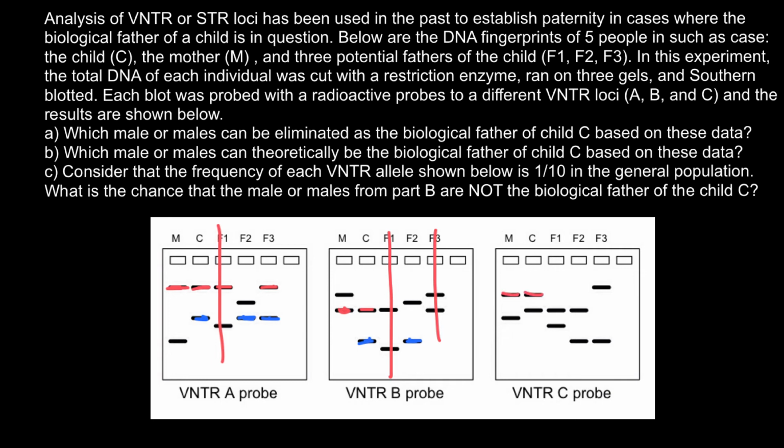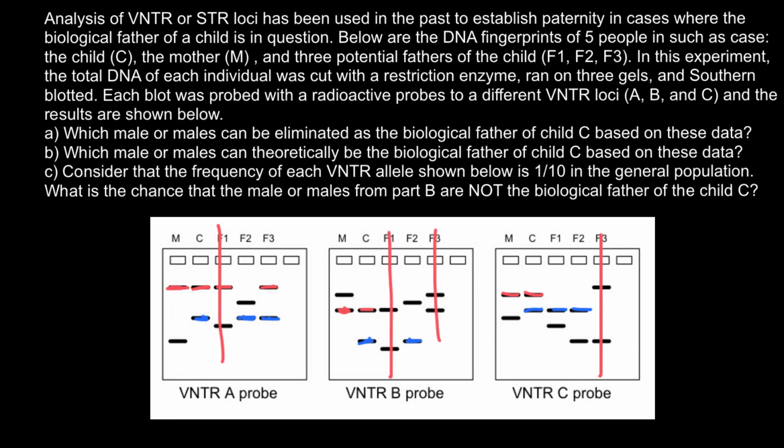Both mother and child have the same size allele, but mother doesn't have this size of allele, so we have to suggest that this allele is from the father's side. So who also has such a size allele? Person number 1 and person number 2. We can exclude person number 3 because person number 3 doesn't have this size allele.